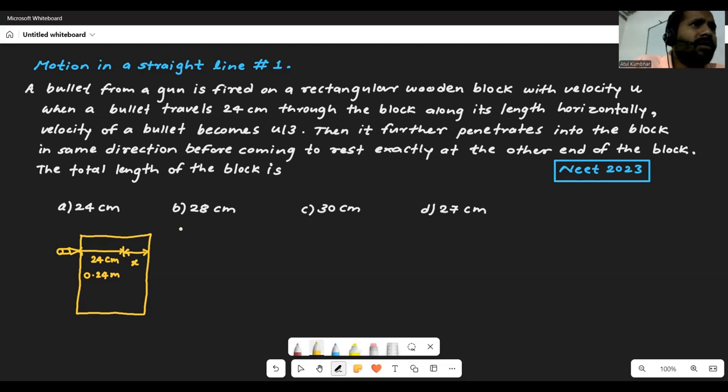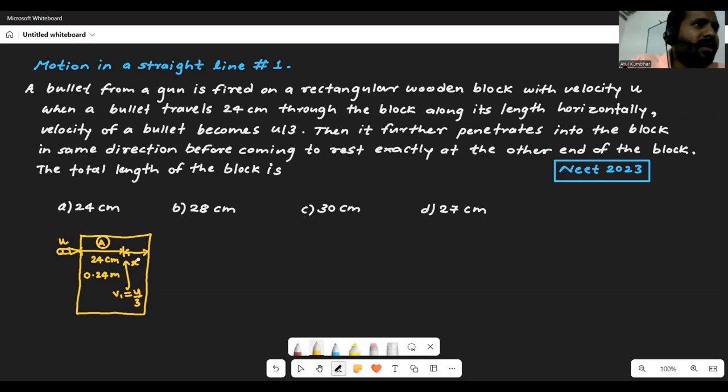Now, what they have given is that its initial velocity is u. After penetrating the wooden block and traveling 24 centimeter, its velocity becomes u by 3. So the final velocity for the first travel, v1, is u by 3.